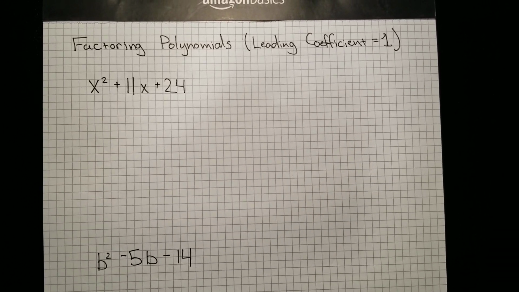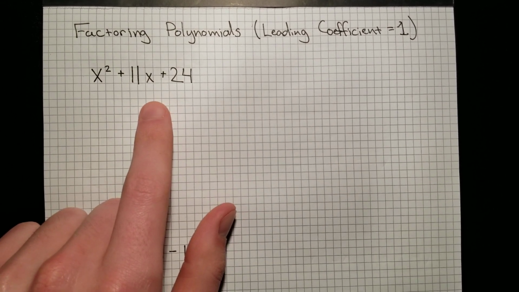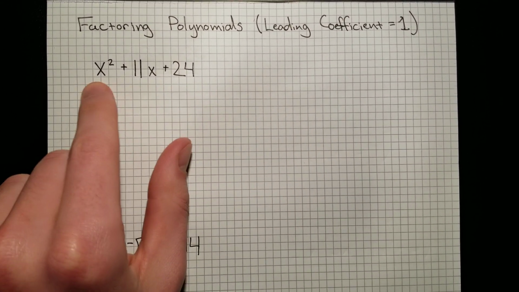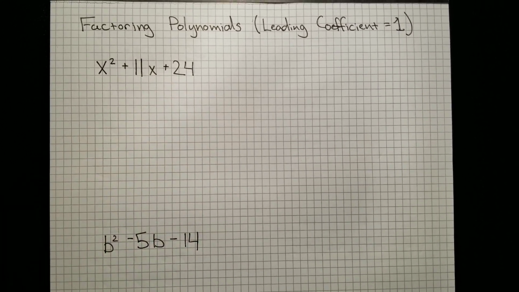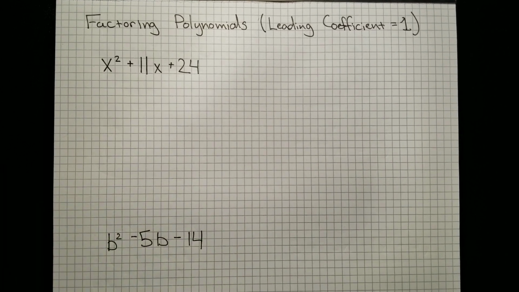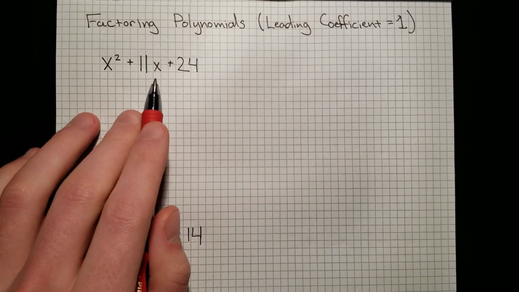So what we're going to be doing is something called factoring. Factoring is when we take a polynomial, in this case, a quadratic polynomial. It's a trinomial as well. And we're going to break it down into factors. A factor is a binomial that would multiply together to get this polynomial.